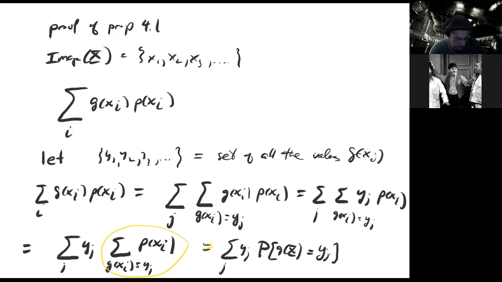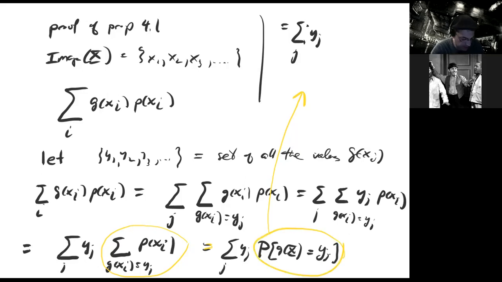Let me draw an arrow over here. This expression here is the same as the sum over j of Yj times, what is this expression that I'm circling? That's exactly the same thing as the probability mass function of the random variable g of X applied to Yj.